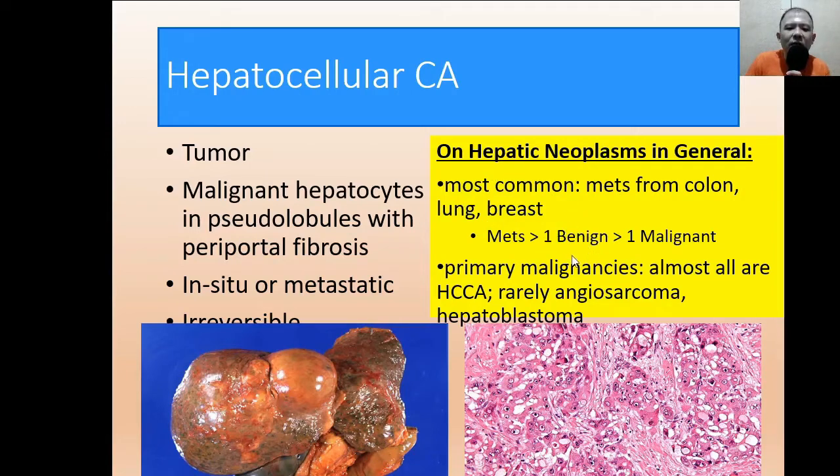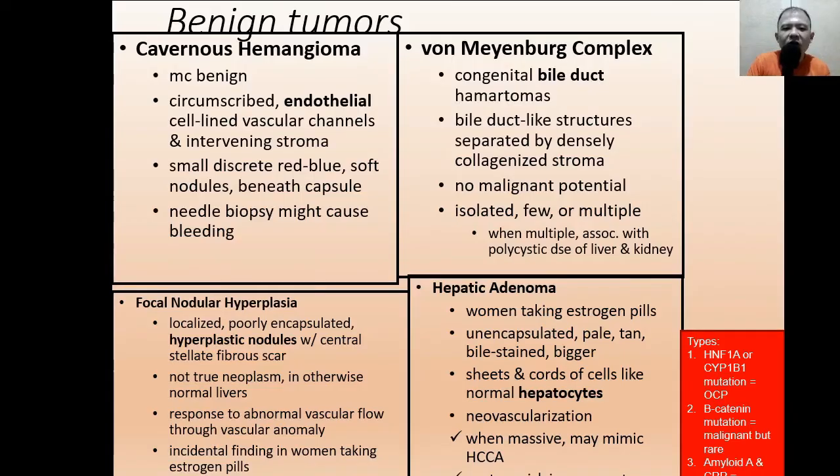Next is the primary benign, and the third one is the primary malignant. For primary malignancies, the most common is again hepatocellular carcinoma, followed by angiosarcoma and hepatoblastoma. So benign tumors are the following. You have cavernous hemangioma.